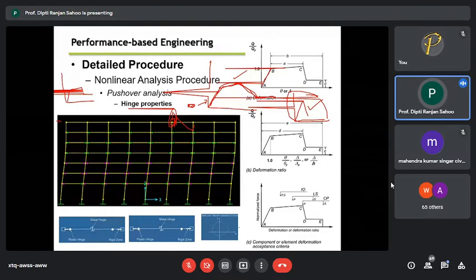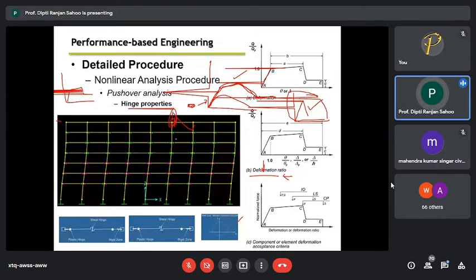If you have a beam with no axial load, you may get this kind of behavior. But if you apply axial load and do the lateral loading, the curve will be different because of the axial loading. So you have to give that axial interaction behavior at the same point.